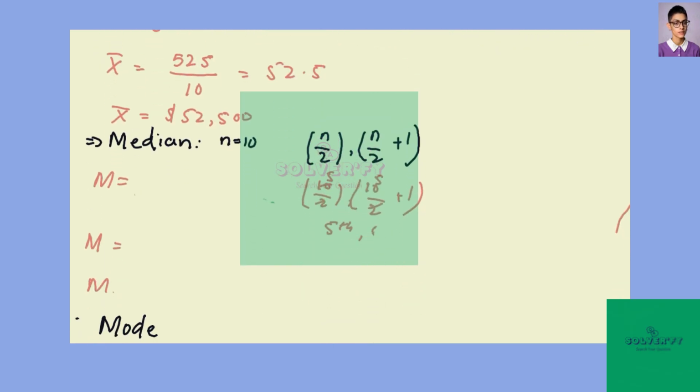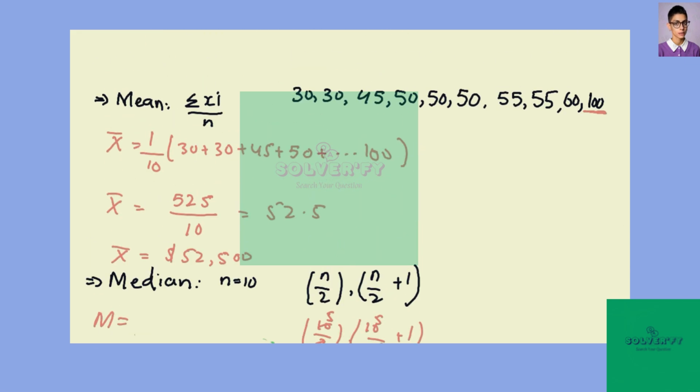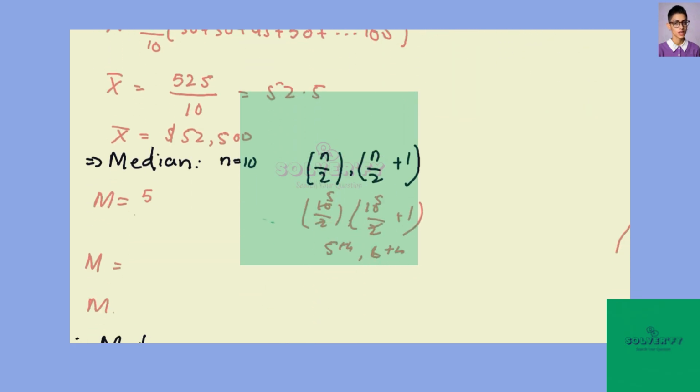Now let's find the median. For finding the median, we have to look at the fifth place and sixth place because the number is even and the number of observation is 10. As I calculated here, I just counted up to 5 place, 1 2 3 4 5, this place, and 6 this. These number will be added, so median will equal to 50 plus 50 divided by 2.